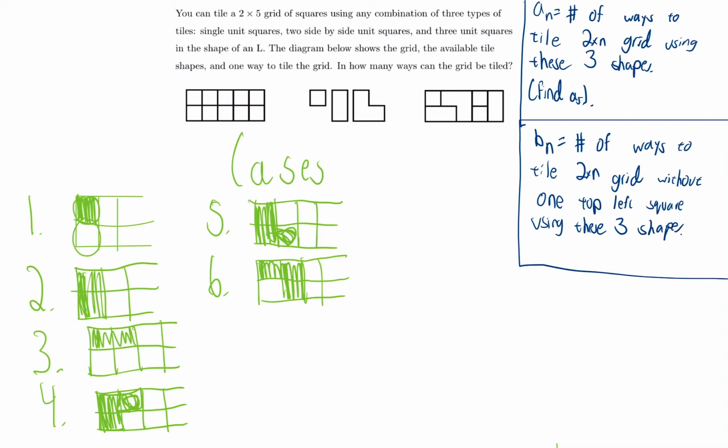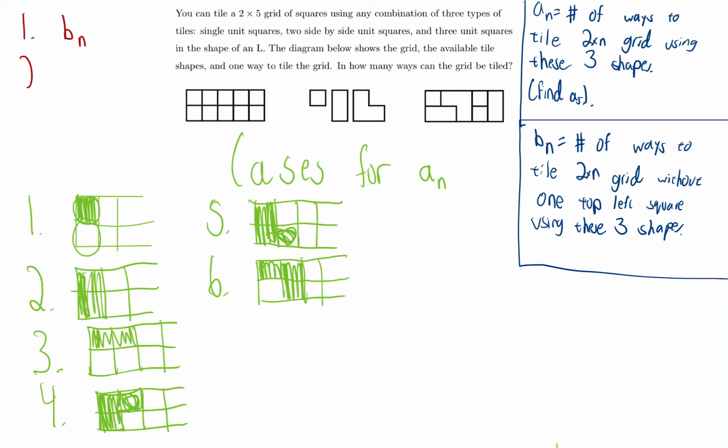So B of n is the number of ways to tile a 2 by n grid without 1 top left square using these 3 shapes. This is just cases for A of n, not specifically A of 4, because we're going to generalize this. So for case 1, it's just going to be B of n ways, because that's the definition.